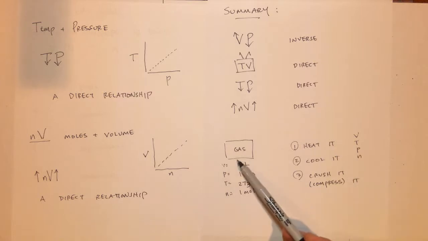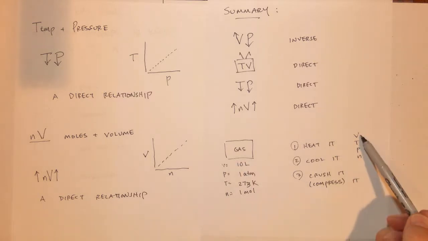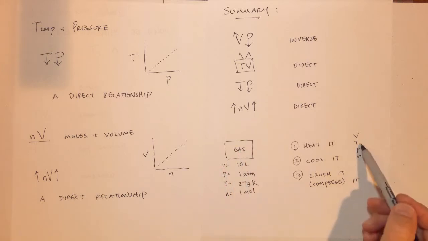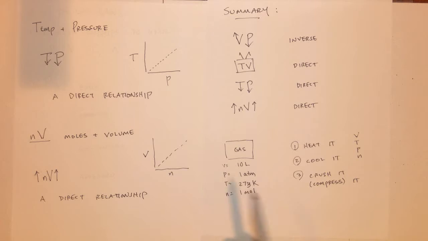So we put a flame underneath here and we heated it up. What would happen to the volume? Well, if it's a real sealed container, it would not change, right? Because the container can't change if it's a rigid, held together container. What would happen to the temperature? Well, the temperature of the gas would go up. The molecules would move faster and our temperature would increase.